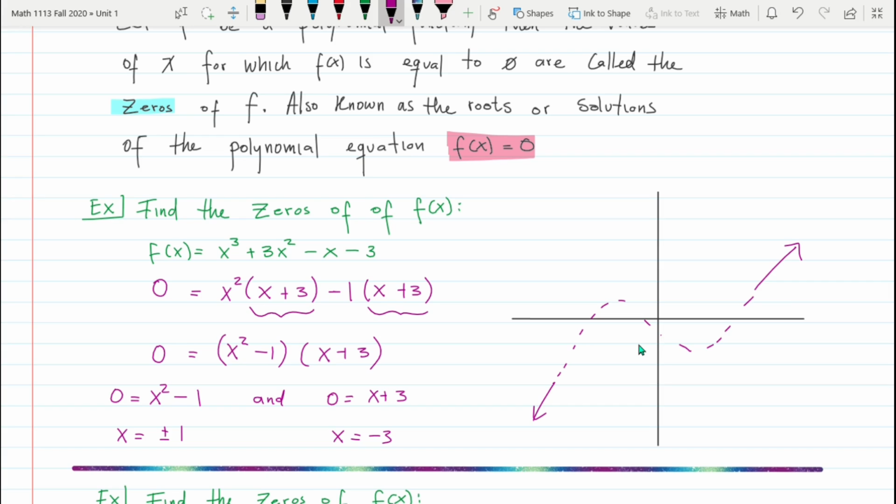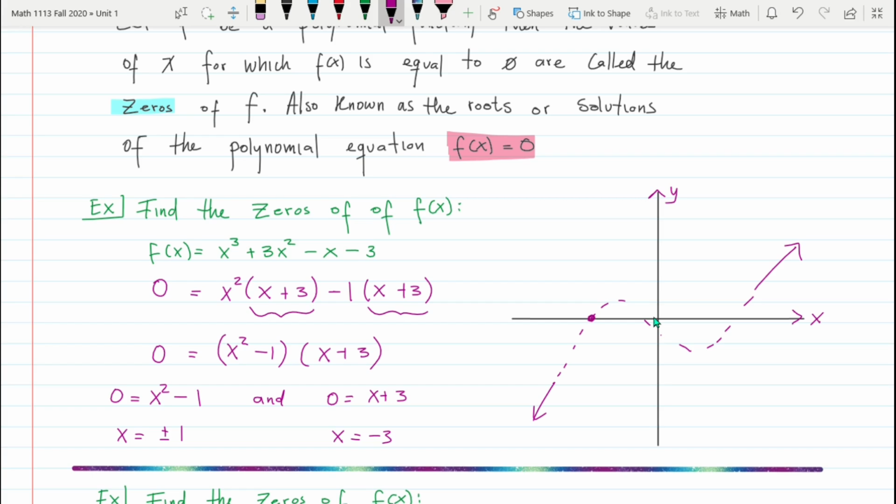But then, what's happening in the middle? Can we get more detail? Because we want to know what's exactly happening there. And now we just found all the different places where the function equals 0. So that means where it crosses the x-axis. And now we're getting more detail.